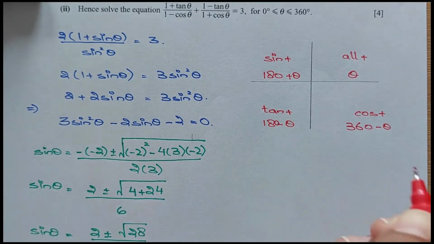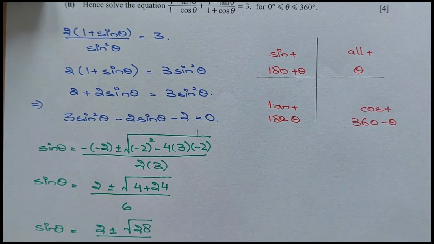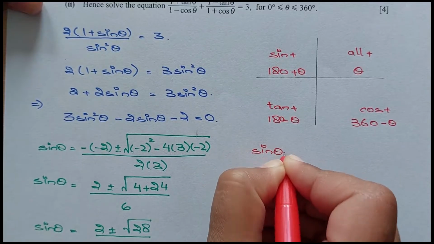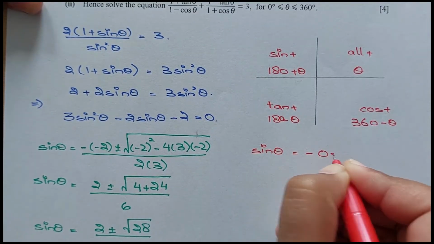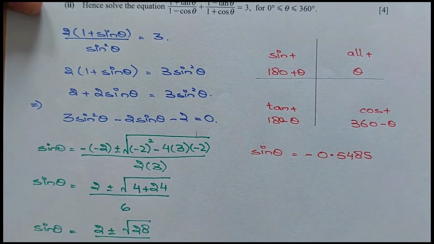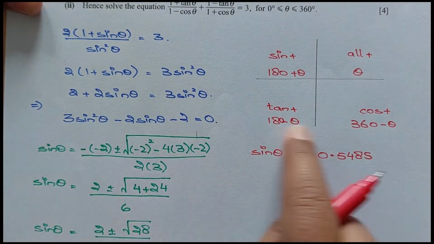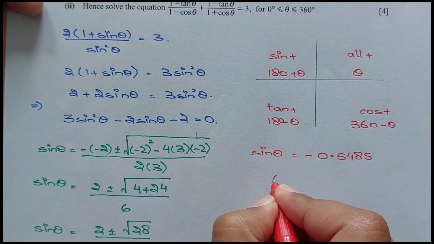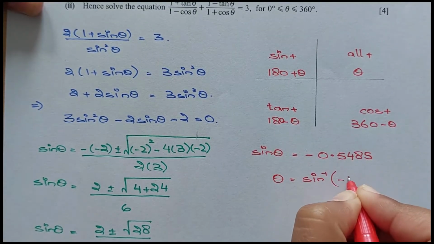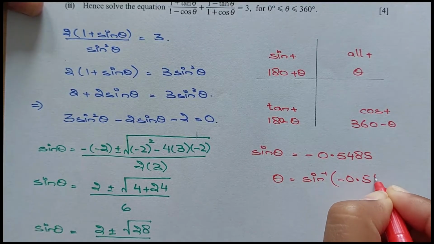So we have an equation, sine theta is negative 0.5485. So sine is negative in the third and the fourth quadrant. So it means theta is going to be sine inverse of minus 0.5485.